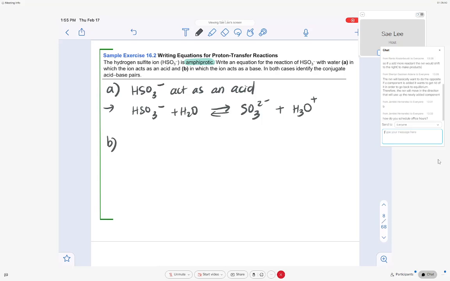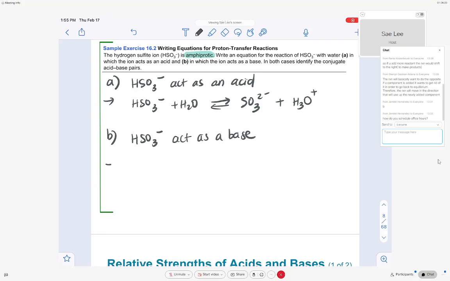Question B says hydrogen sulfide is acting as a base. In that case, because it's acting as a base, it should receive a proton from water, or steal the proton from water.